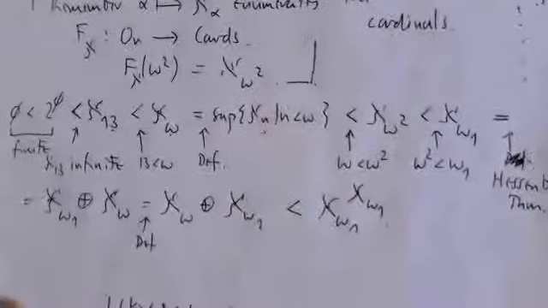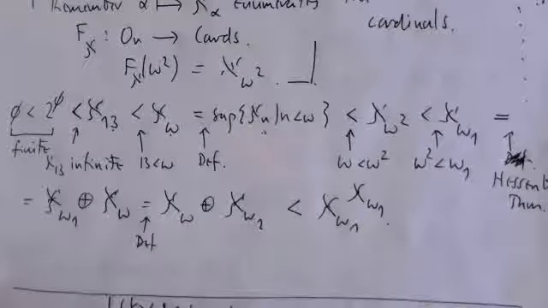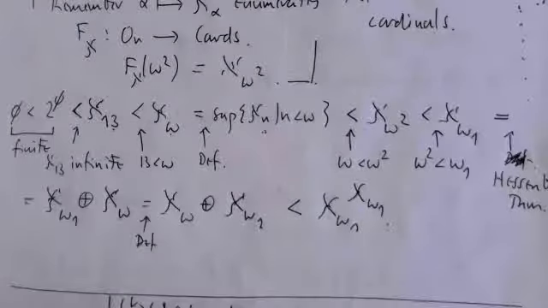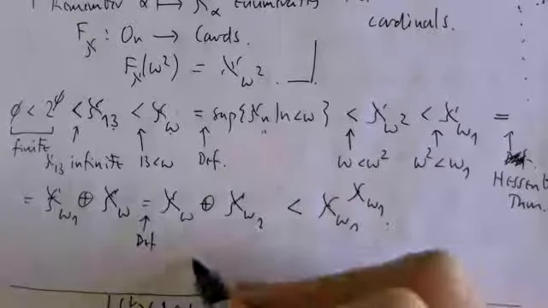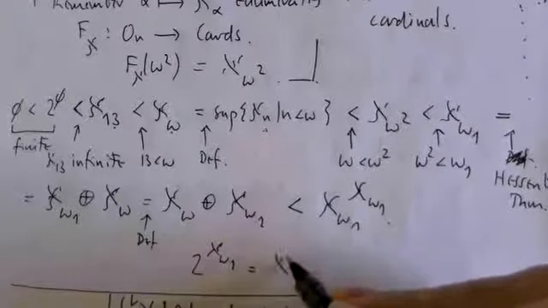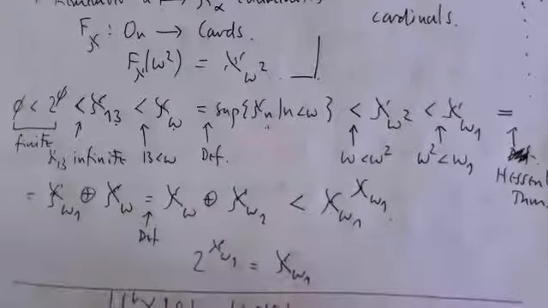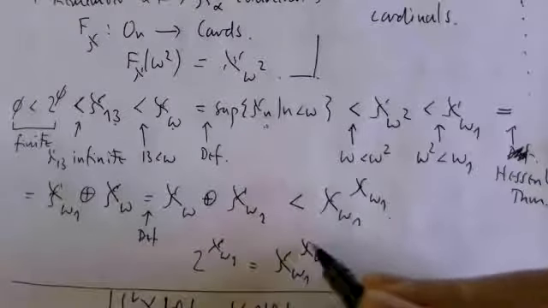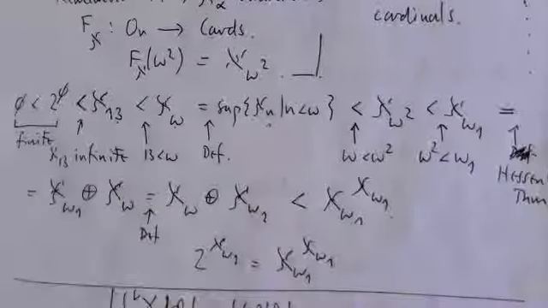Aleph omega 1 to the power Aleph omega 1. Right? This is because 2 to the Aleph omega 1 is the same as Aleph omega 1 to the omega 1 here by a lemma, right?